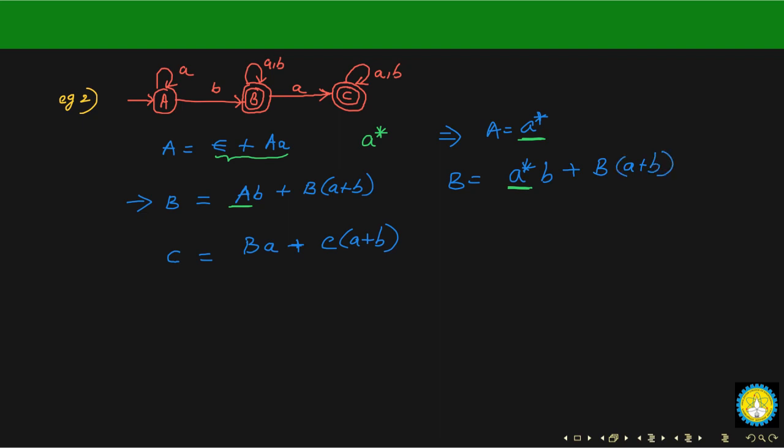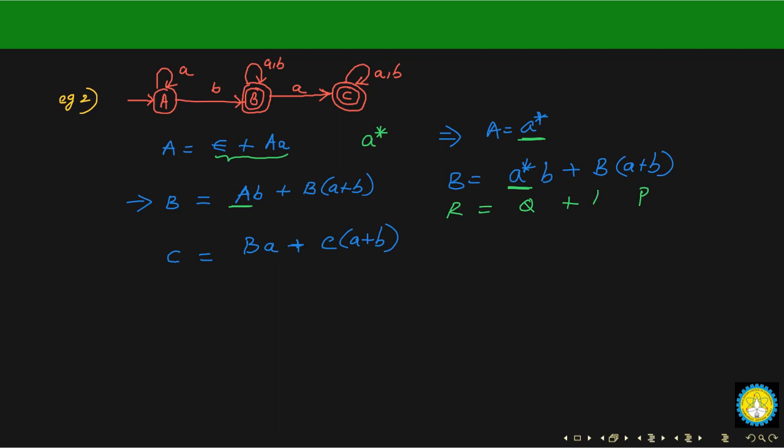Now, if you closely watch this expression, you can understand that this is in the Arden's format. So you can consider this as P, this as Q, and this as R, and you can verify that R is repeating here.